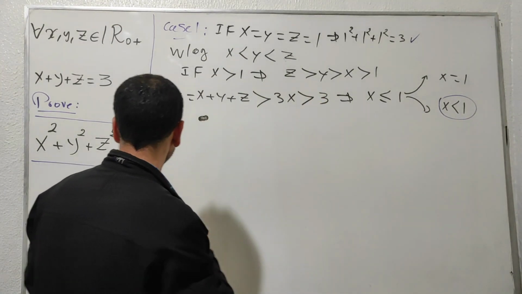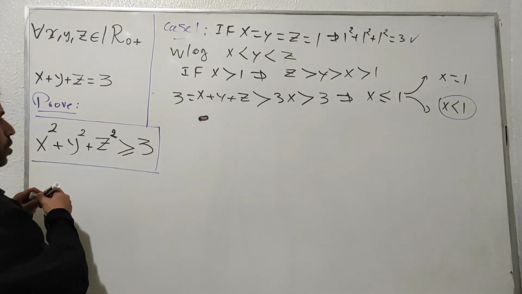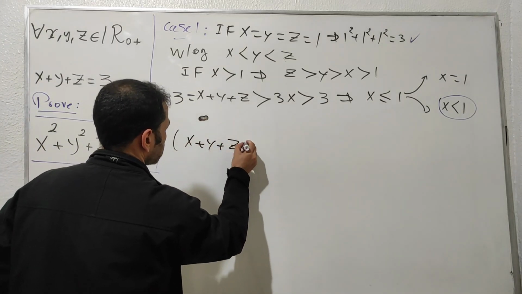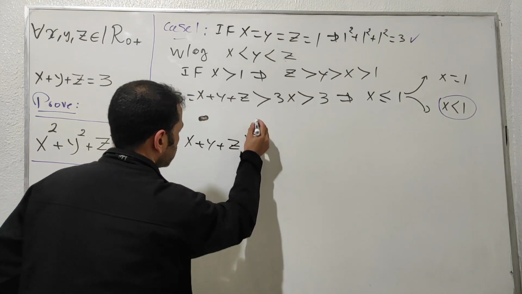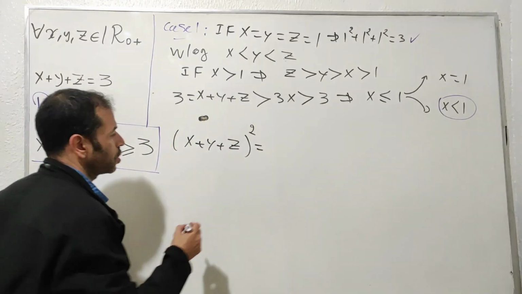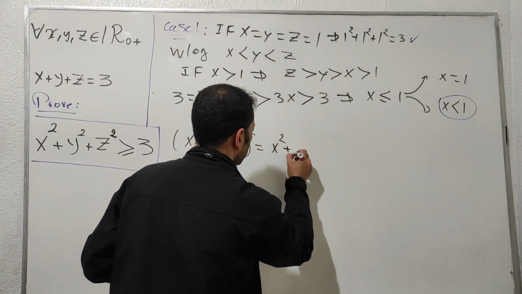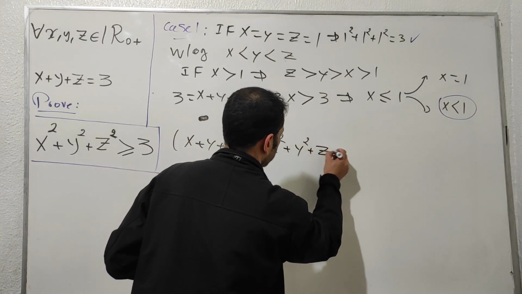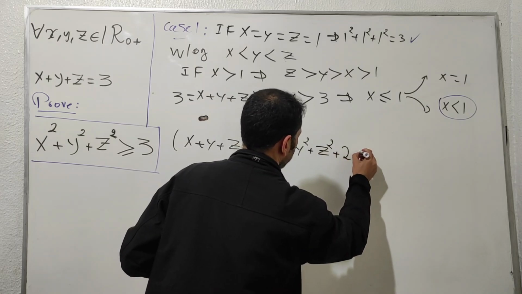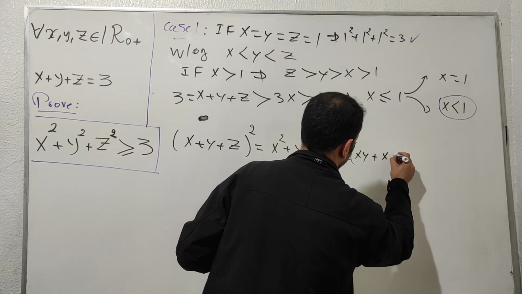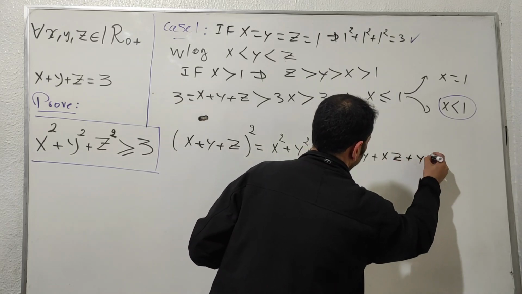Okay? So let's start with this one. We know x plus y plus z, raised to the power of 2. I'm going to expand this. This gives us x squared plus y squared plus z squared plus 2 times xy plus xz plus yz.